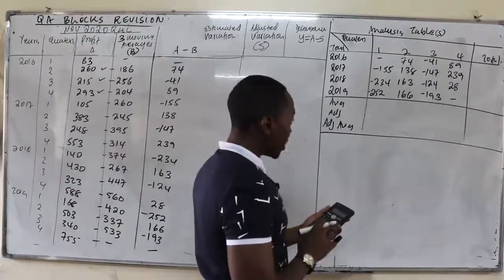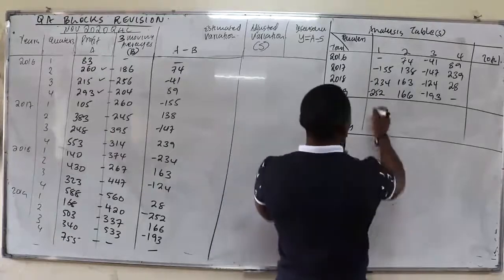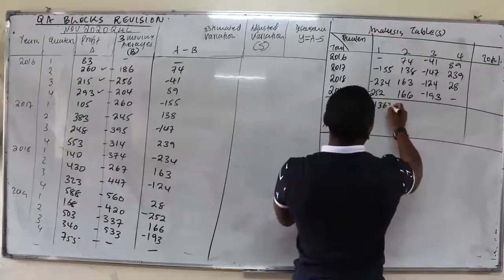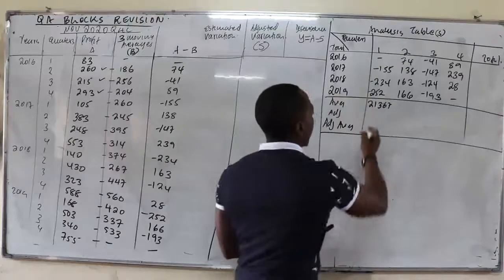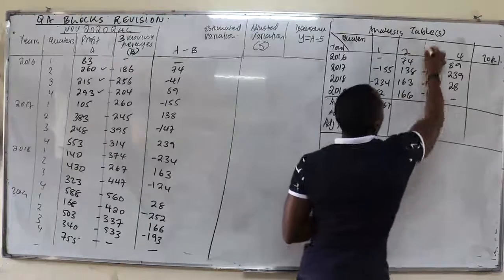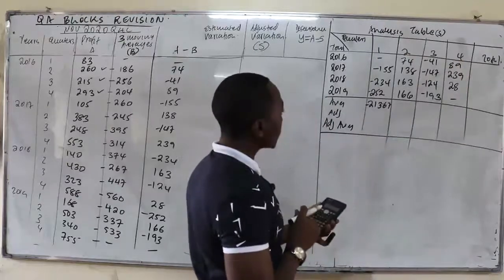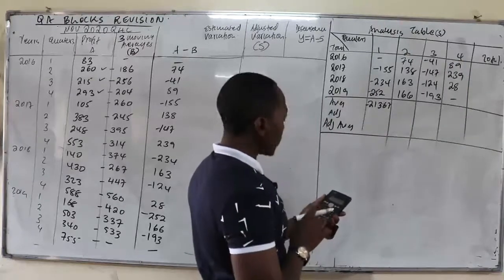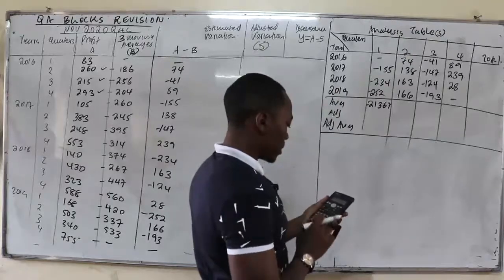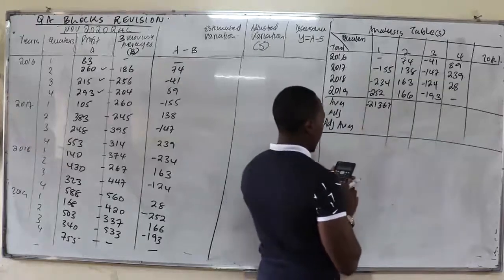You get the total, then you get the average by dividing by 3. You're not dividing by 4, it is by 3. So this one you get is 213.67. It's a negative. Then the second one, they were 4, so divide by 4.